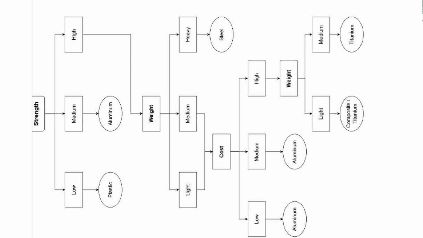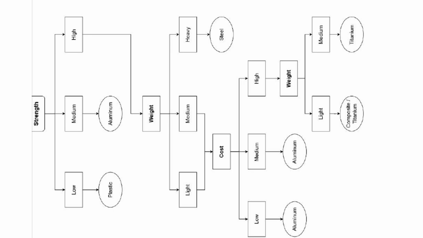Weight can be light, medium or heavy, and the third one is cost. So, you can easily make a tree like structure like this. If you want a high strength, lightweight and low cost material, you go to aluminum, or medium cost. If you want a high strength, heavy weight material, you go to steel. That is how you can make easy decisions.